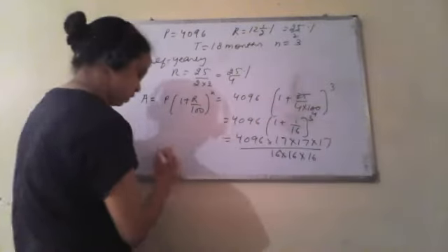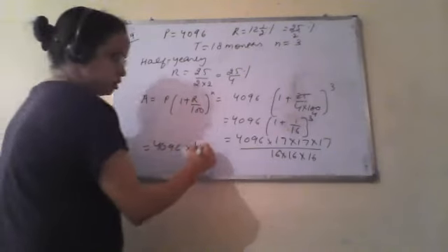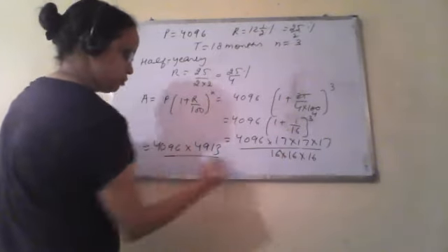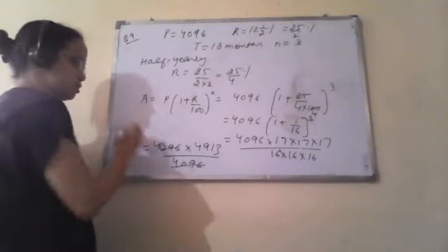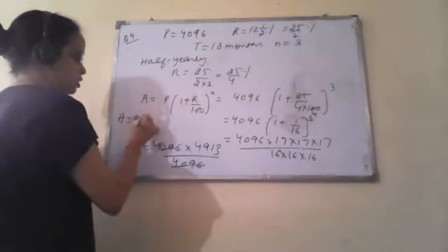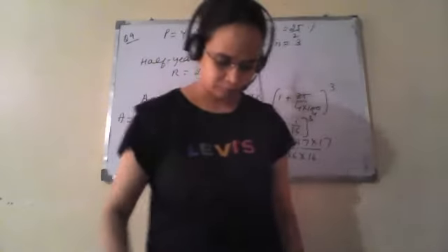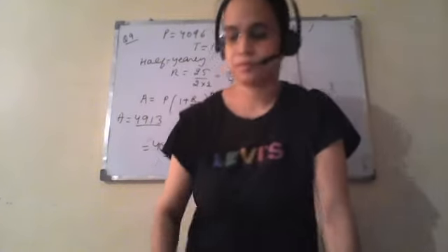So when we calculate, it will be 4096 into 4913 upon 4096. We can cancel out and the amount comes out to be 4913. So this is the amount he has to pay at the end of 18 months. This is clear.